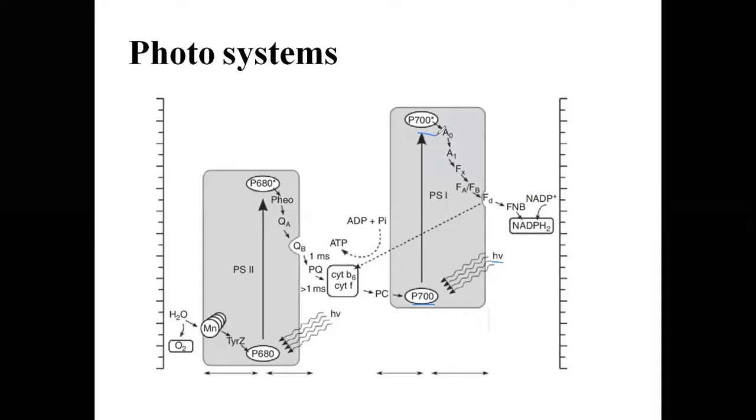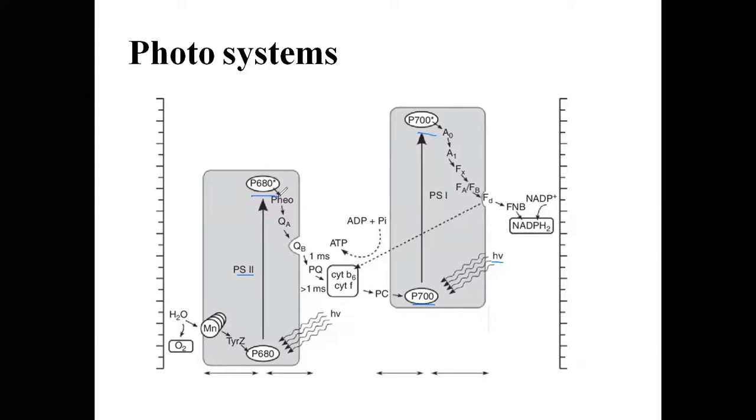Now we will first examine photosystem 2. When it absorbs light, the energized P680 will become P680 star. Star means it is energized.